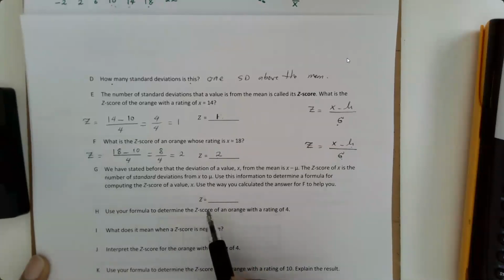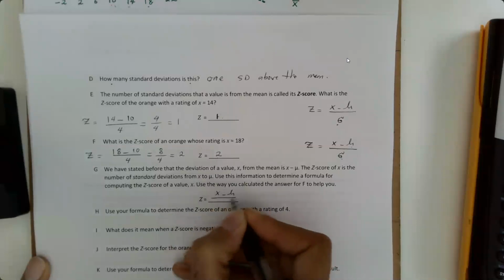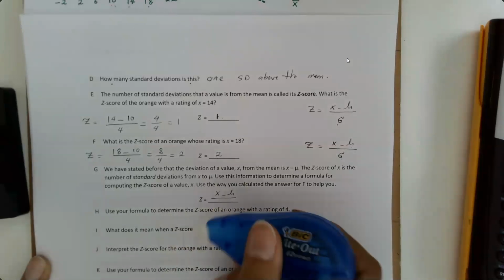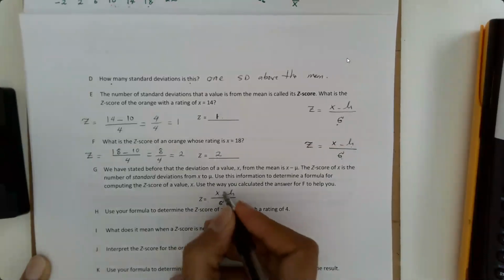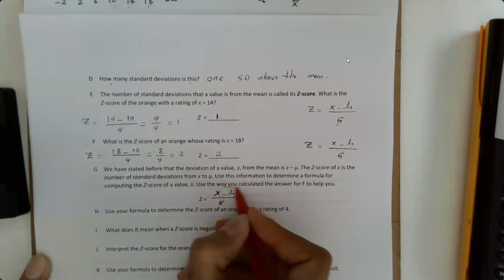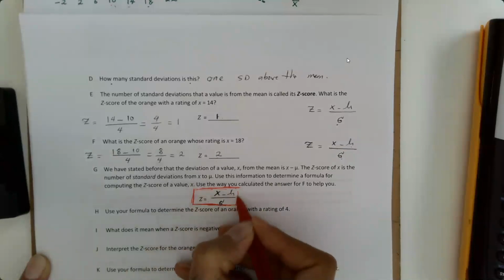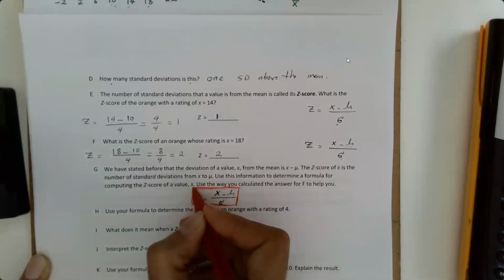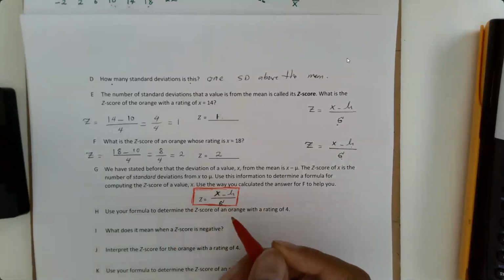So we know that the formula for z is x minus mean divided by sigma. This is an important formula. We need to know our z. As statisticians, we're going to use this formula a lot. X minus mean divided by sigma.